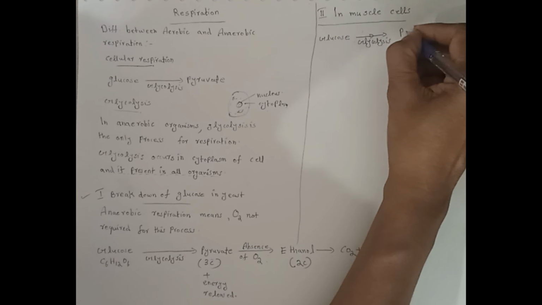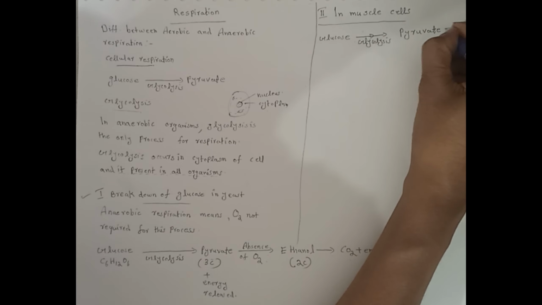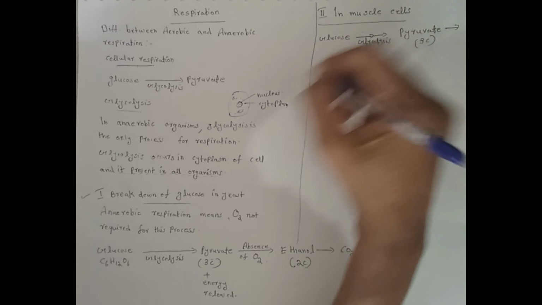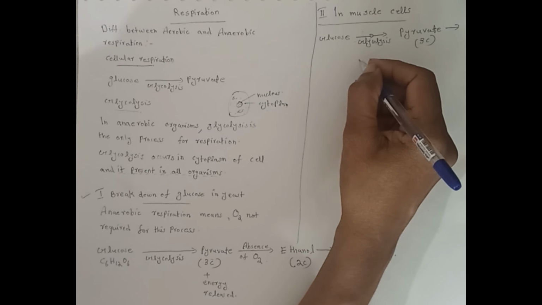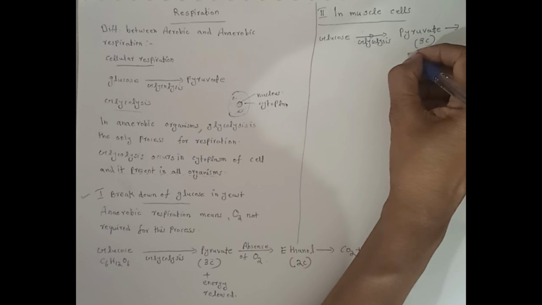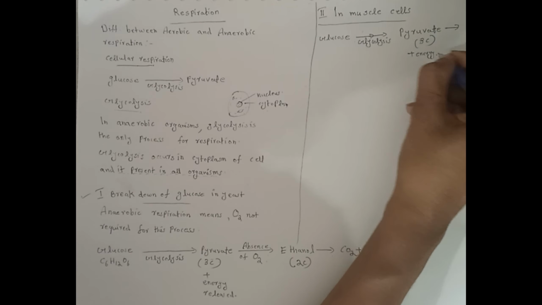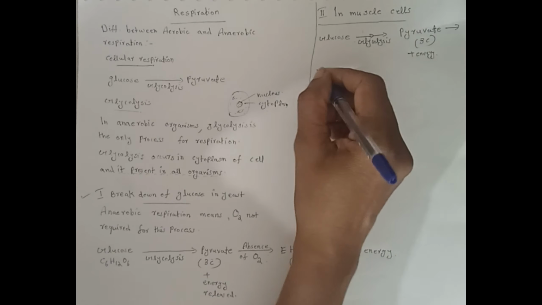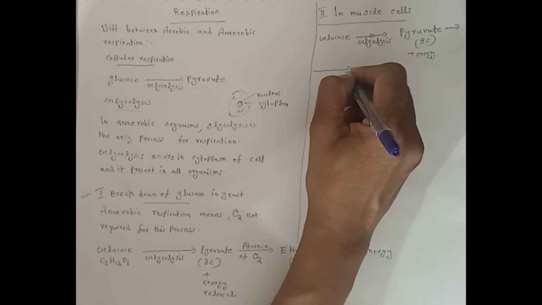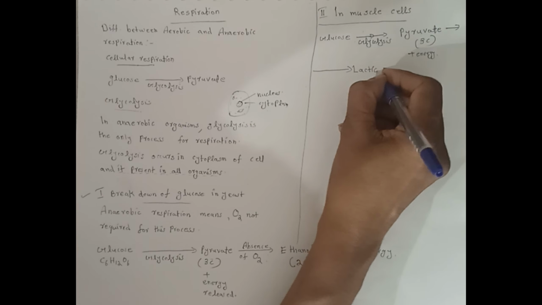Pyruvate is a 3 carbon molecule, and energy is released. Then this pyruvate is converted to lactic acid.